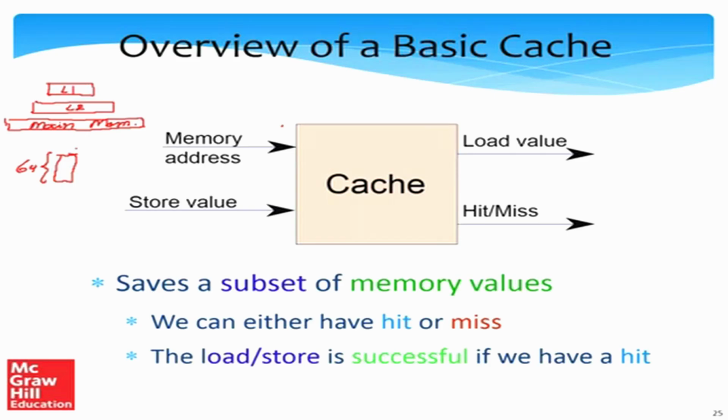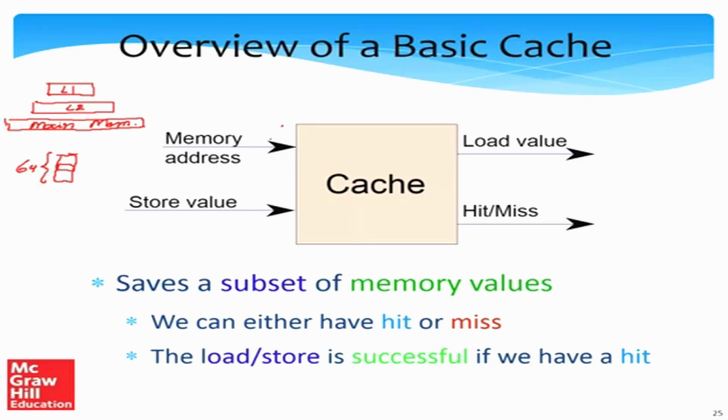So you fetch a block in one go, and most likely if you're accessing one data item within a block, we'll be accessing in the near future some other data item which is also within the block. Since that has already been fetched, we don't have to fetch it once again.